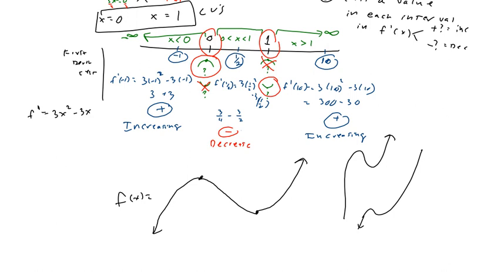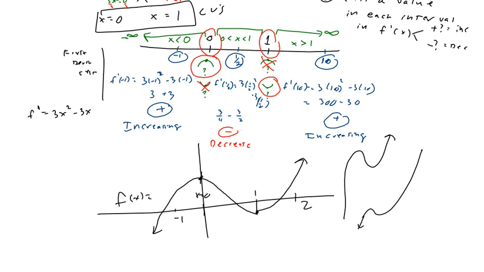Here is x equals 0. Here's x equals 1. Our graph will look something like this, at 0 and at 1, with 2, -1, -2.